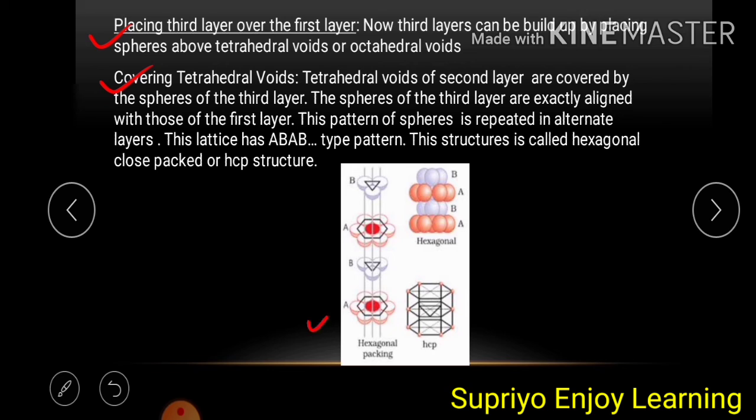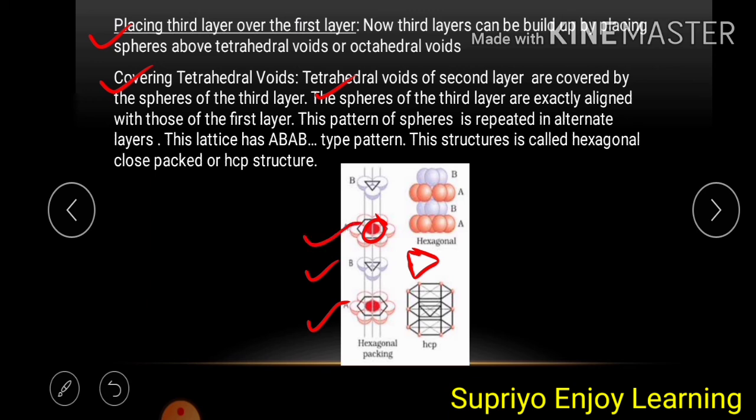Suppose this is the first layer A, this is the second layer B, and in second layer B a tetrahedral void forms which is covered by the spheres of third layer. The spheres of the third layer are exactly aligned with those of the first layer.